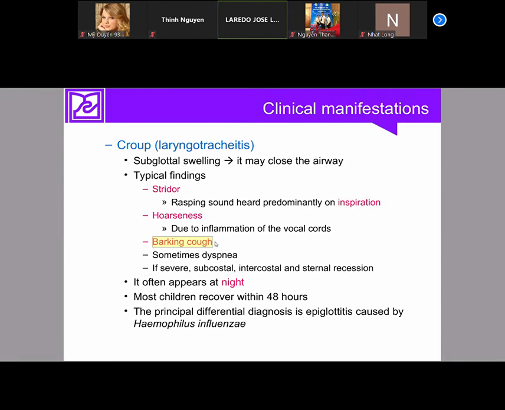And if the laryngotracheitis is very severe, if the airway is very closed, the child may show dyspnea or recession. The symptoms of laryngotracheitis usually appear at night. And this disease is usually very mild, and children recover in less than 2 days.